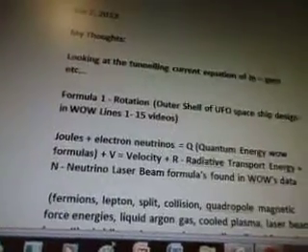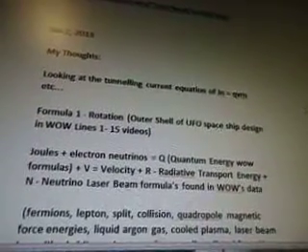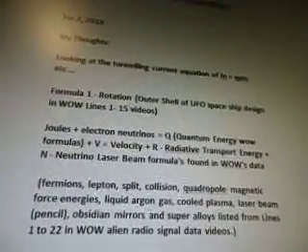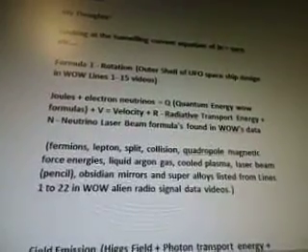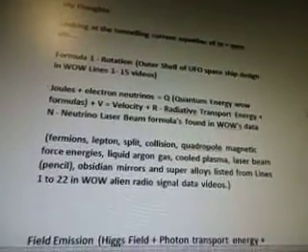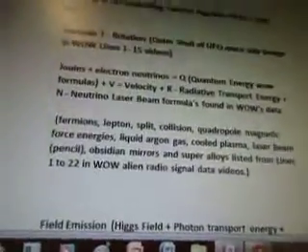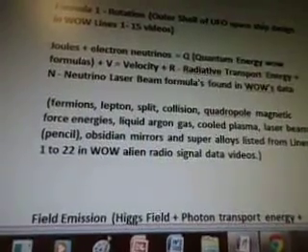January 2nd, my thoughts. Looking at the tunneling current equation of J(n) equals QV(Rn), Formula 1 rotation outer shell of UFO spaceship design in WOW lines 1 to 15 videos. Joules, electron neutrinos equals Q, quantum energy, WOW formulas. V equals velocity, R is radiative transport energy, and N is neutrino laser beam formulas found in WOW's data.